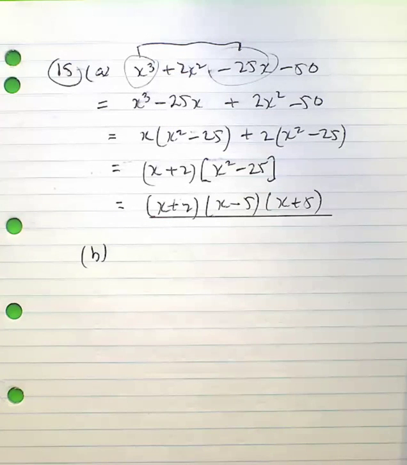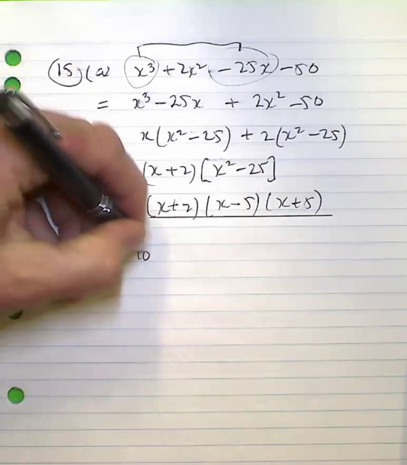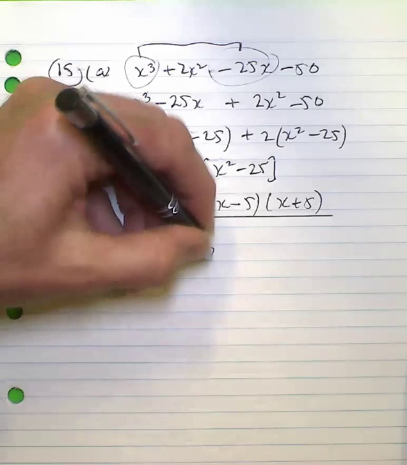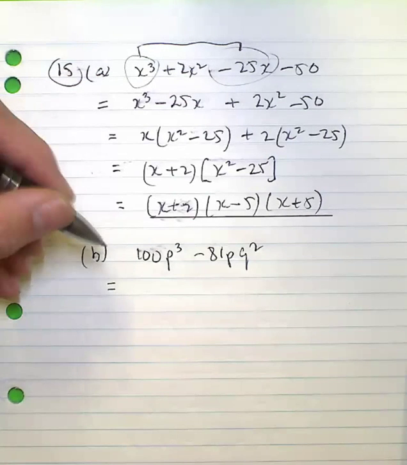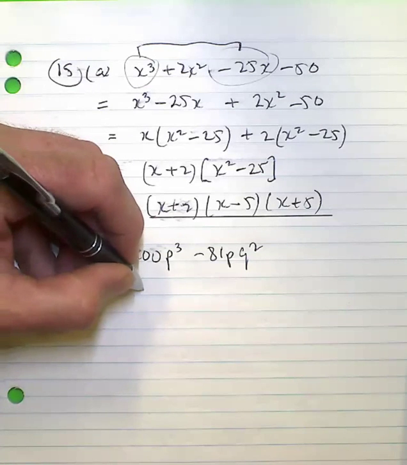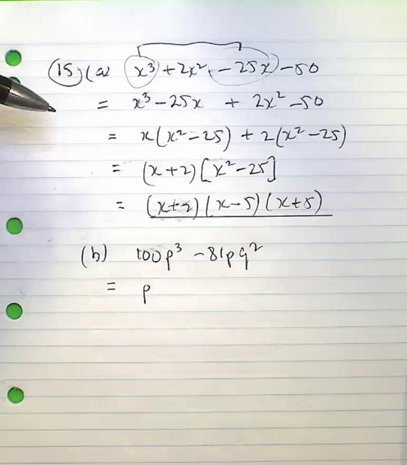Now in the case of B, it seems to be 100 is a perfect square, 81 is a perfect square, and there's a common factor I've got of a p that I can pull first. So first up, always in these problems, pull any common factor. Even if it's a negative, it's worth pulling.